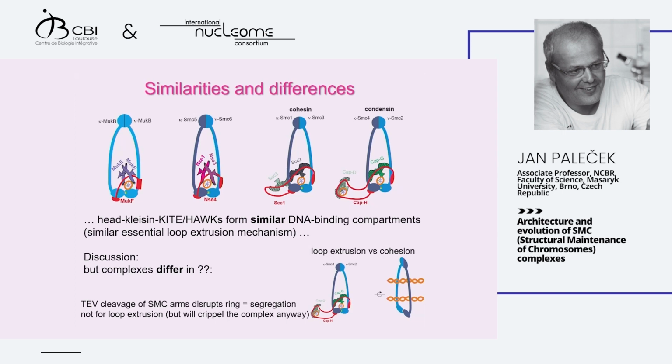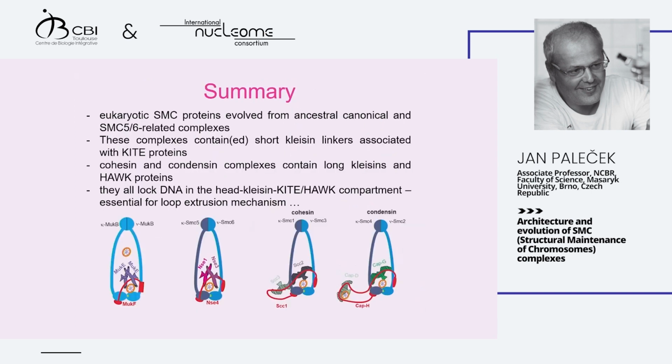In summary, I would like to conclude with some simple points. SMC proteins evolved from ancestral canonical and SMC5/6-related complexes. These ancestral complexes originally contained short kleisin linkers associated with Kite proteins.